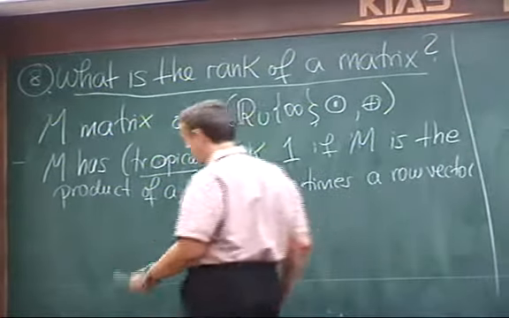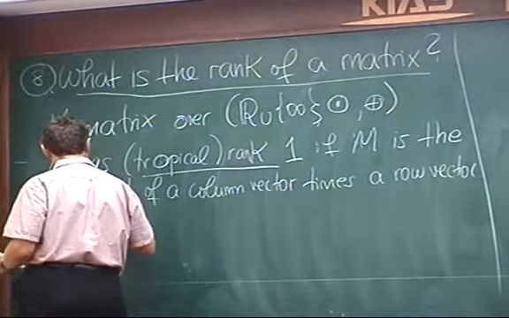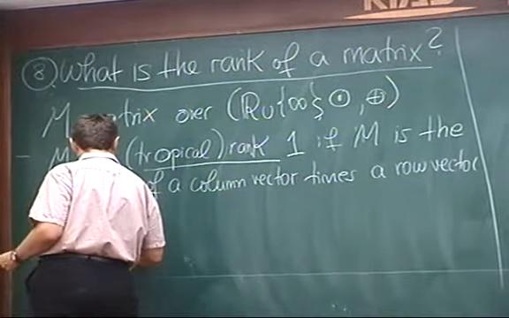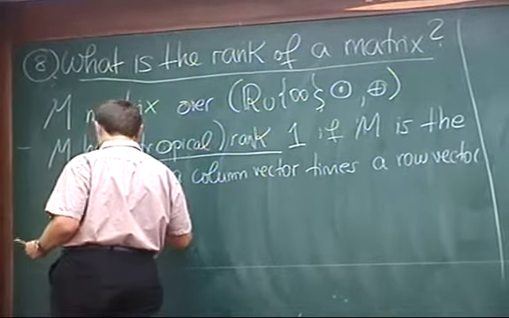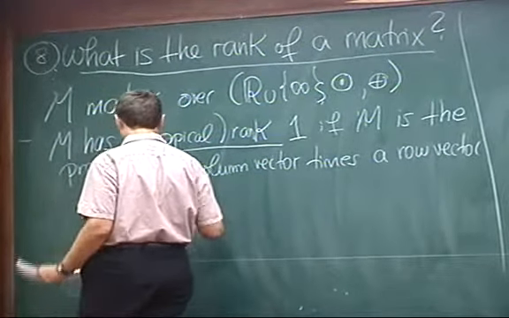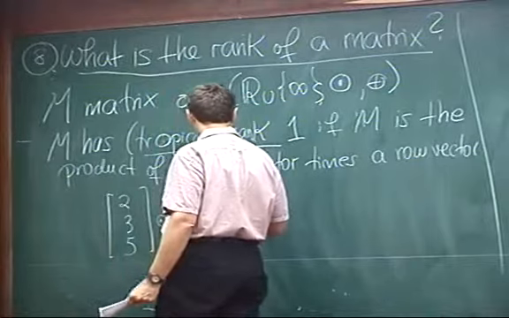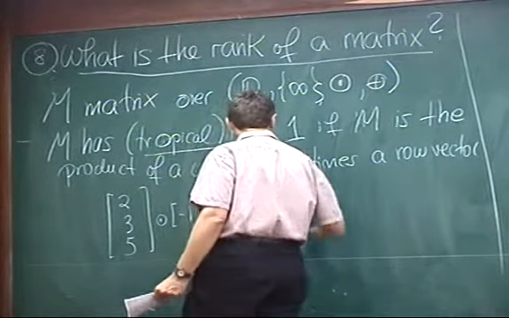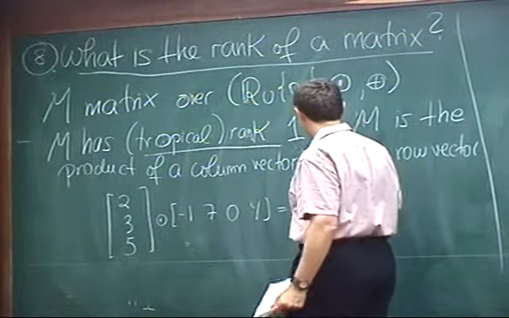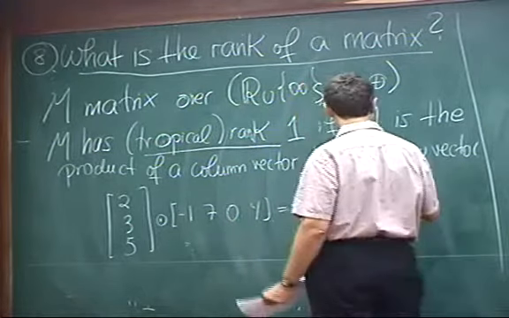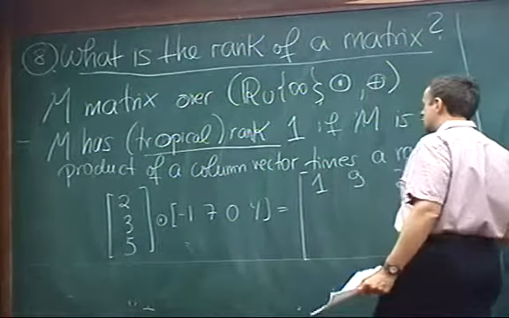So for example, just to make sure, 2, 3, 5. So we have a column vector times a row vector, minus 1, 7, 0, 4. So then we get a product, 1, 9, 2, 6.